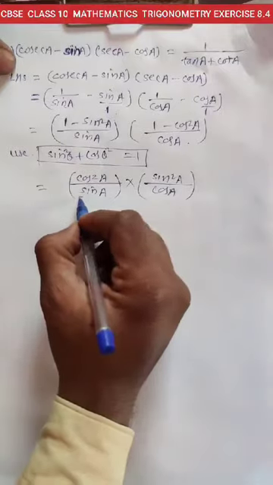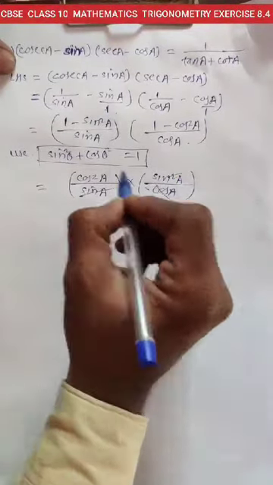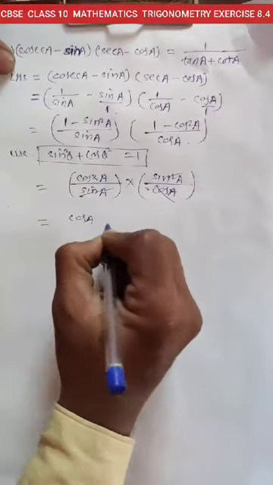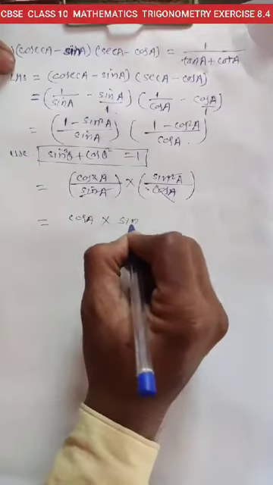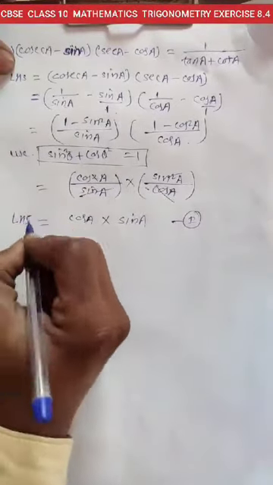So here this sin A and this square A are cancelled. This cos and also this square are also cancelled. So the remaining value is cos A into sin A. So this is equation number 1 after solving the left hand side.